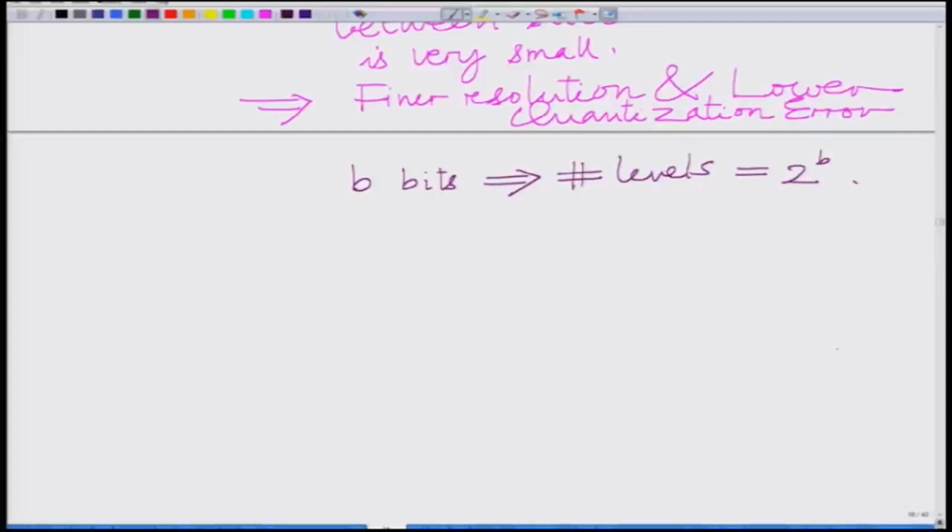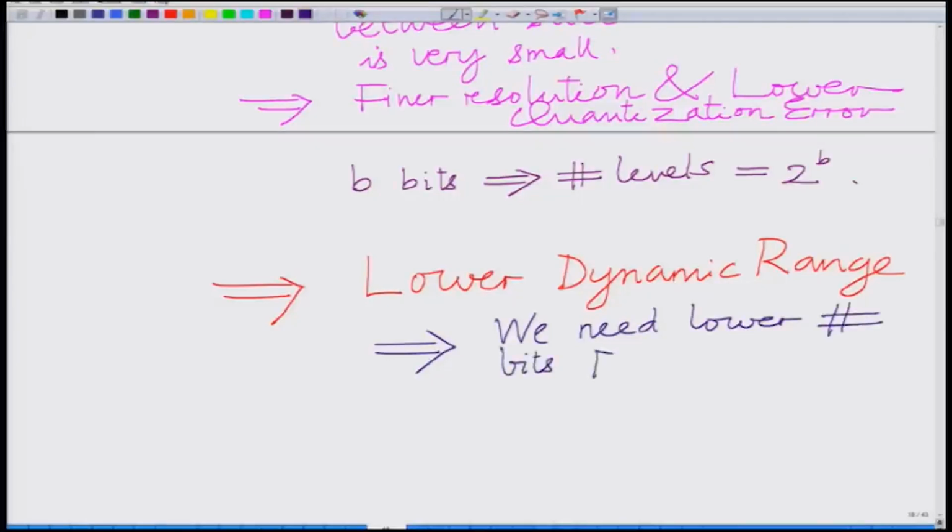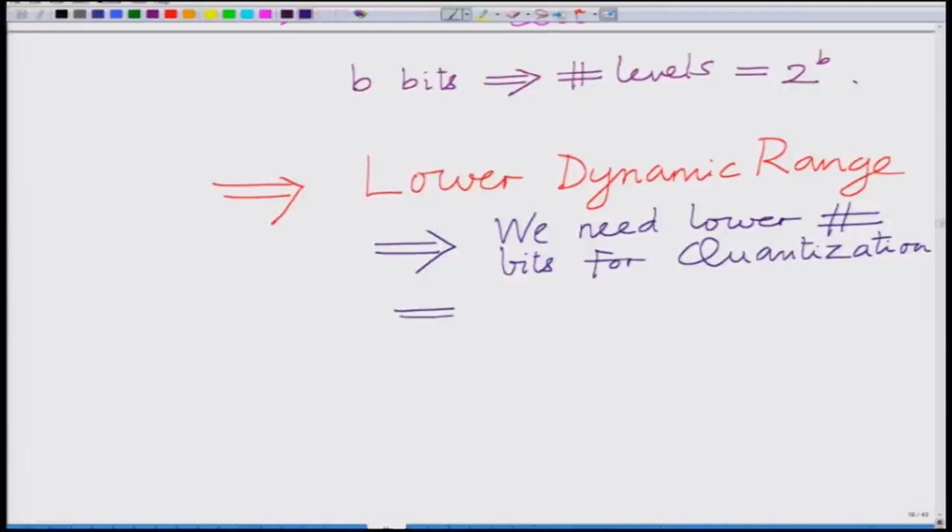So, the other way to look at it is lower dynamic range, which implies we need a lower number of bits for quantization, which implies that the bit rate can be reduced.